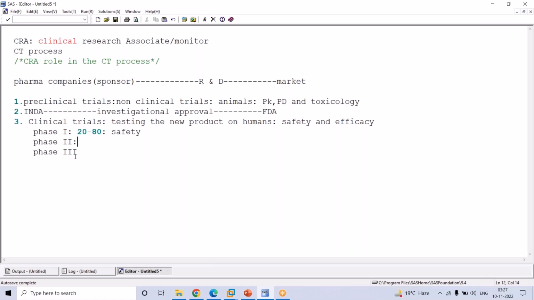After successful completion of phase 1, they'll enter into phase 2. Phase 2 will increase the number of subjects, and along with the safety, will begin to evaluate the efficacy. That means we also study how well the drug works against the disease.